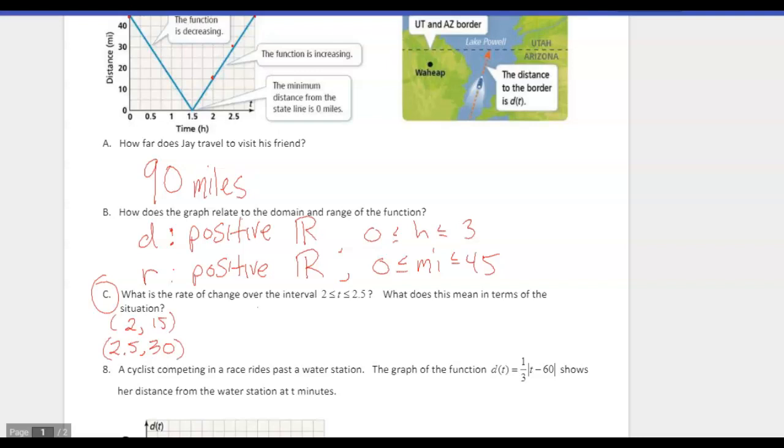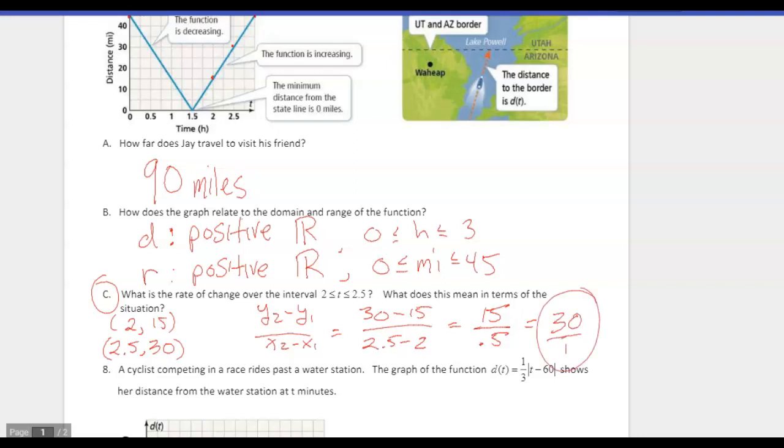So now we can use our slope formula, which is y2 minus y1 over x2 minus x1. So that becomes 30 minus 15 over 2.5 minus 2. So that is 15 over 0.5, which would equal 30 over 1.